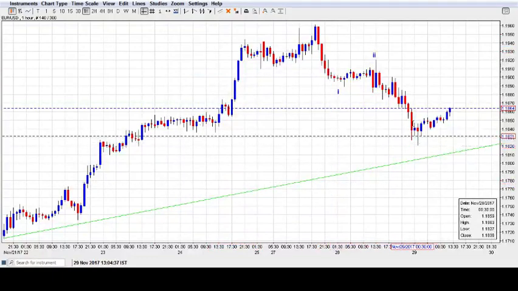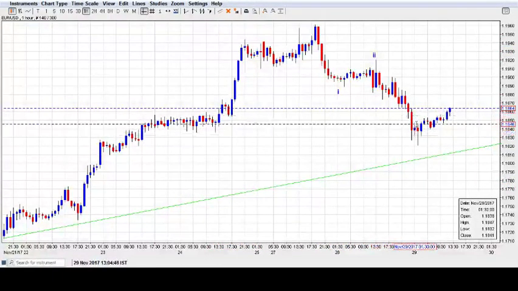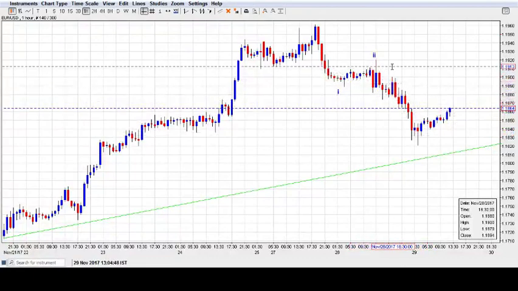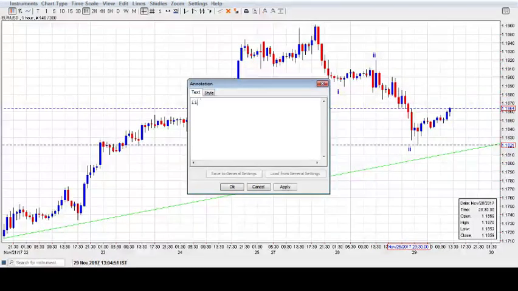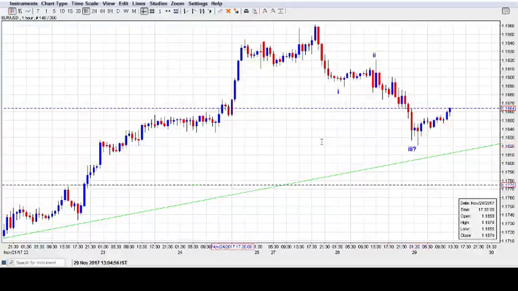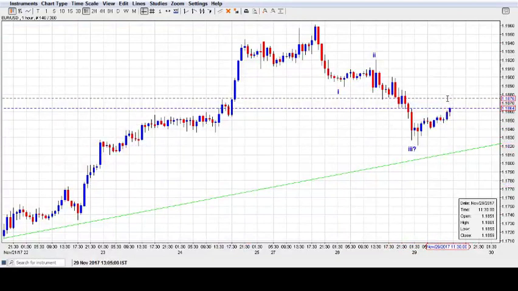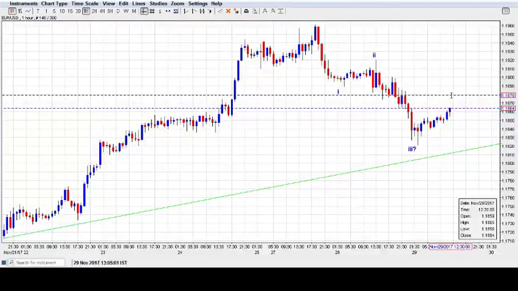I think wave 3 is either done, or wave 3 is going to go towards 1800 levels. We are working out towards a wave 4 potentially here.